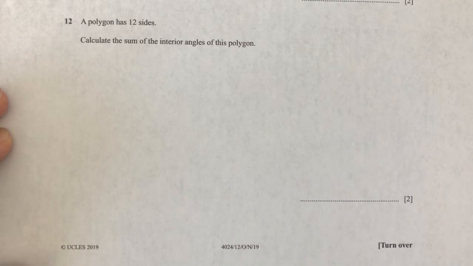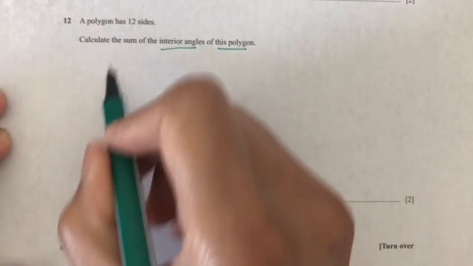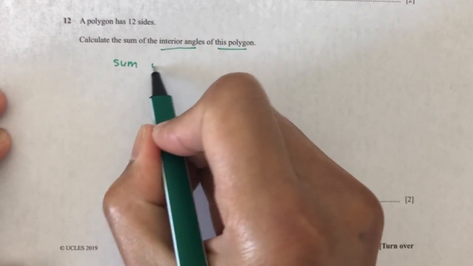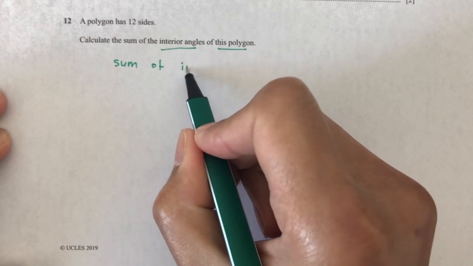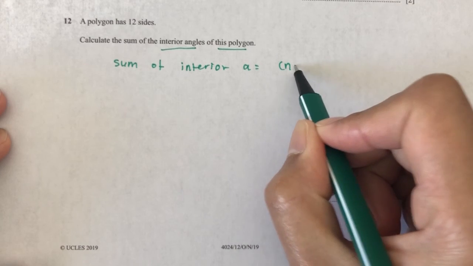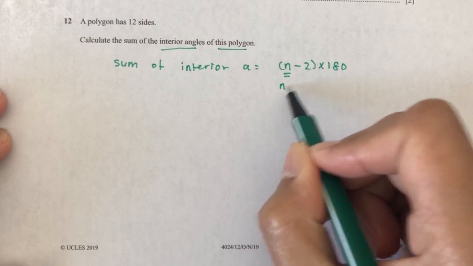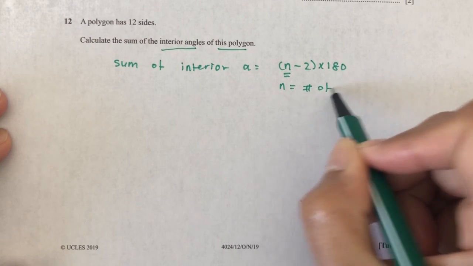Question number 12. We have a polygon that has 12 sides. Calculate the sum of interior angles of this polygon. So we have to use a formula. The sum of interior angles is equal to n minus 2 times 180, where n is the number of sides.